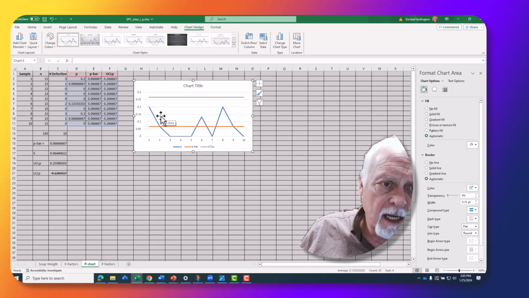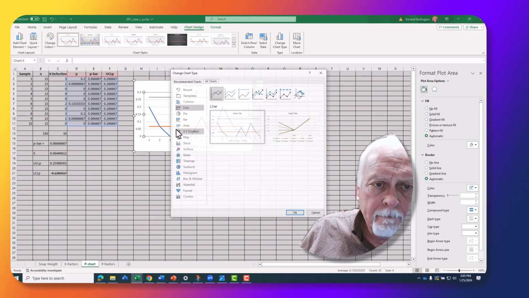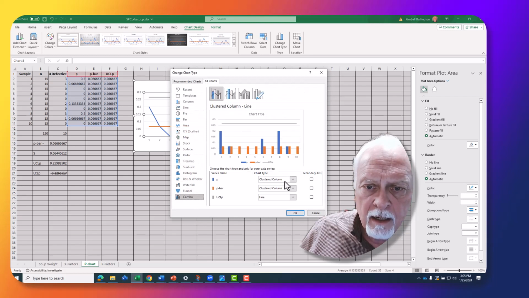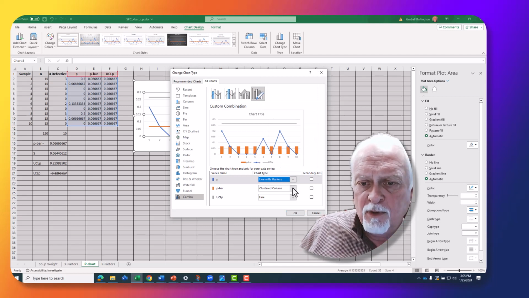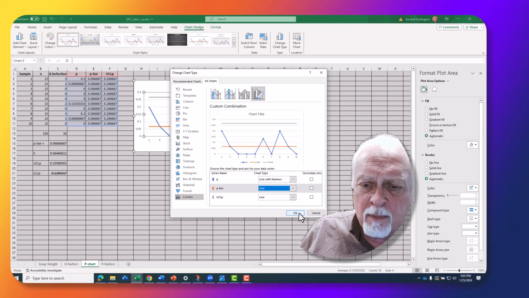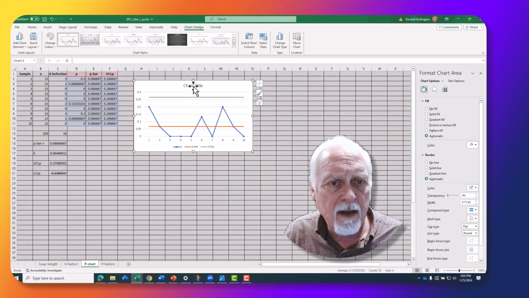Let's change our chart type and use a custom chart. And for P, we'll do this line with markers, and everything else will be just a line. And you might want to play with the coloring and all of that.